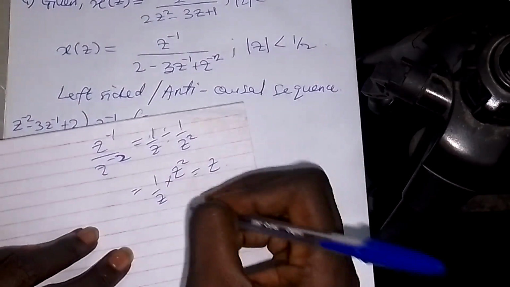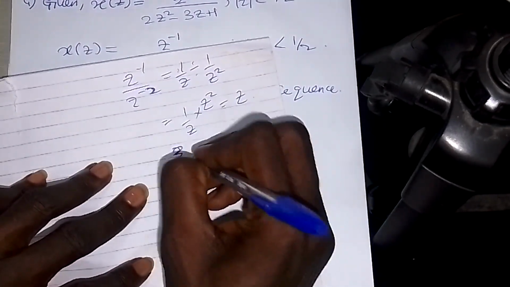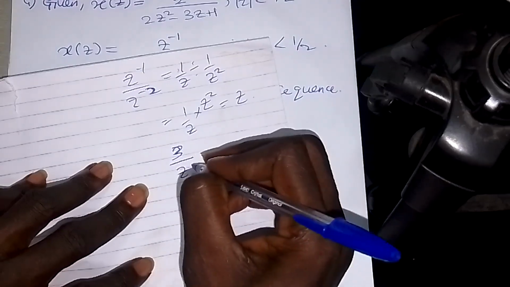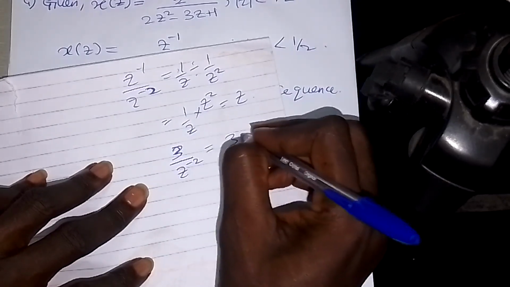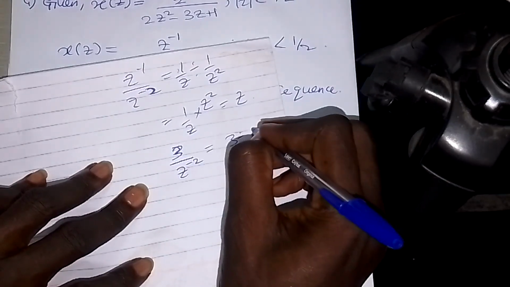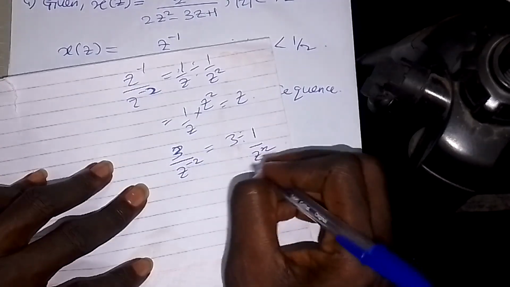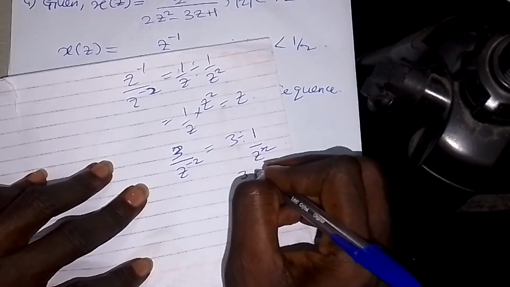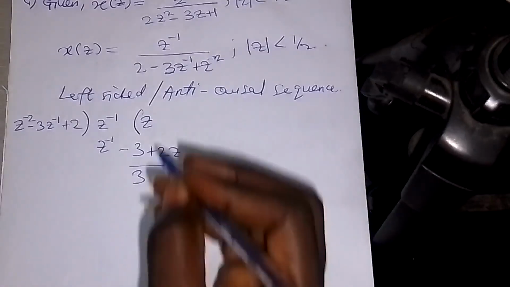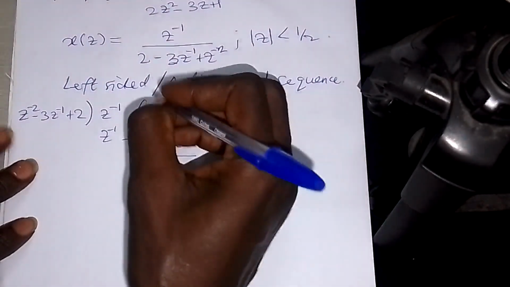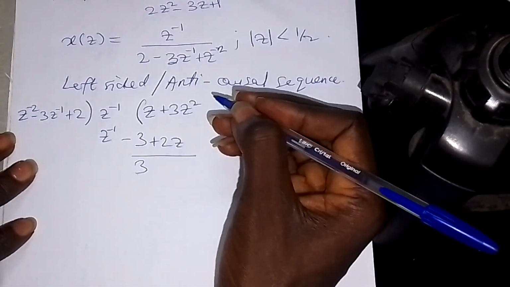I just have to say 3 over z exponent minus 2, which is equal to 3 divided by 1 over z squared, which is equal to 3 times z squared. So I'll get plus 3z squared. That's simple.